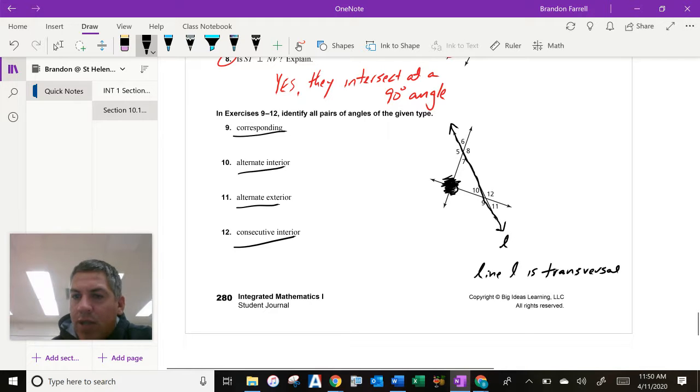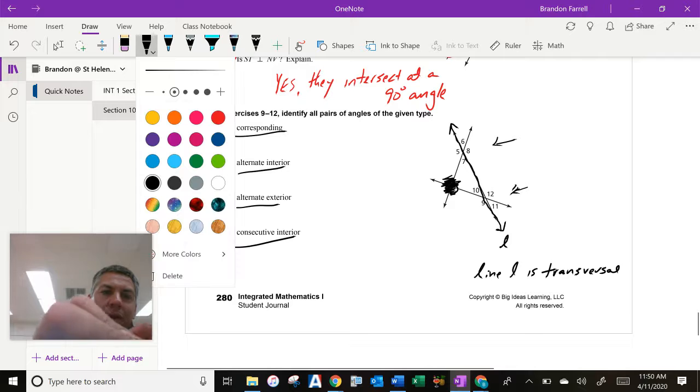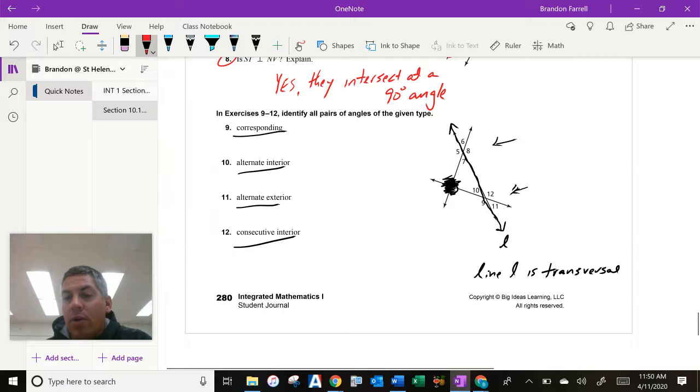So we're going to cross those out, and we're just going to work with these pairs of angle sets, to be able to highlight what are the corresponding, the alternate interior, the alternate exterior, and the consecutive interior. We're only going to be working with these two pairs of lines, because it actually changes when you add the original lines that were in this 1, 2, 3, 4, okay? So we're going to work with this pair, and we're going to start with corresponding.